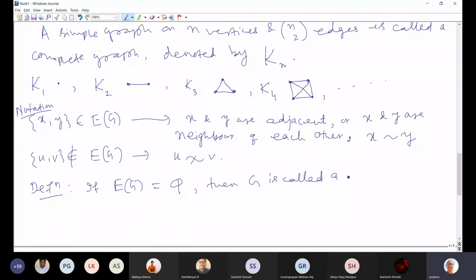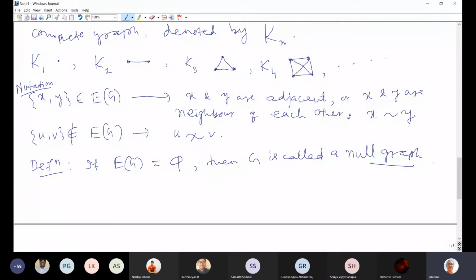This null graph only consists of the vertex set, which is a non-empty set, as I have told you. Therefore this null graph will have only some isolated vertices. So this is one example of a null graph.